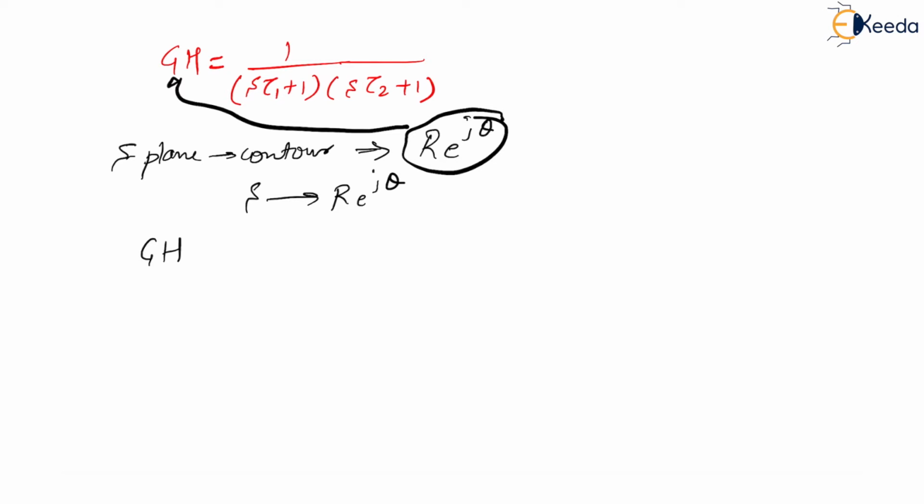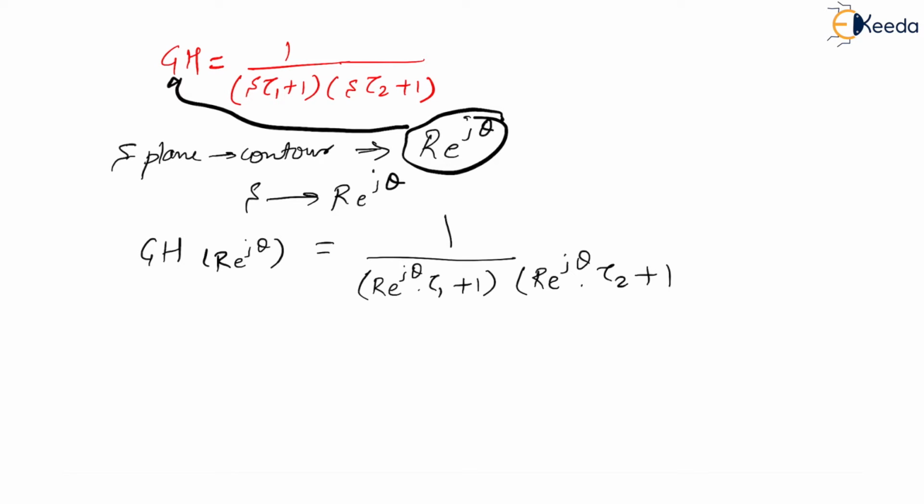If you find GH of r e to the power j theta, wherever you have S, replace it by r e to the power j theta. After replacing that, you get 1 upon (r e to the power j theta into tau 1 plus 1) into (r e to the power j theta into tau 2 plus 1). In place of S, you have just replaced r e to the power j theta. That's it.